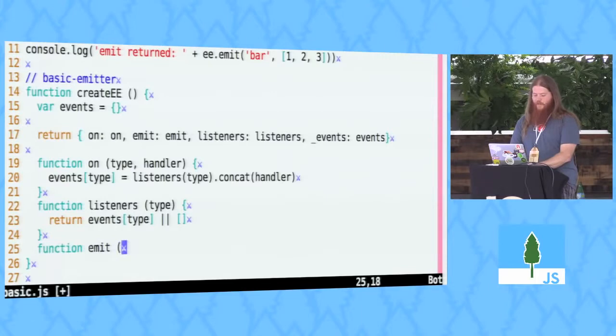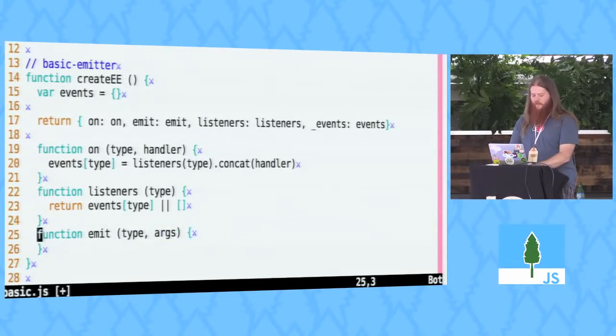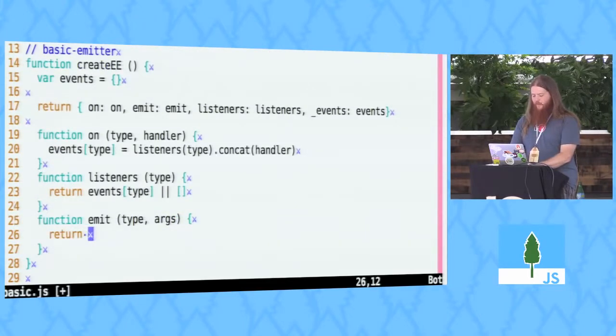And then emit also takes a type, bit of a common theme there. And then we're going to take the args array to apply to our handlers. And we're going to return a mapping over our listeners for the type. And we're going to give that a function that calls functions.